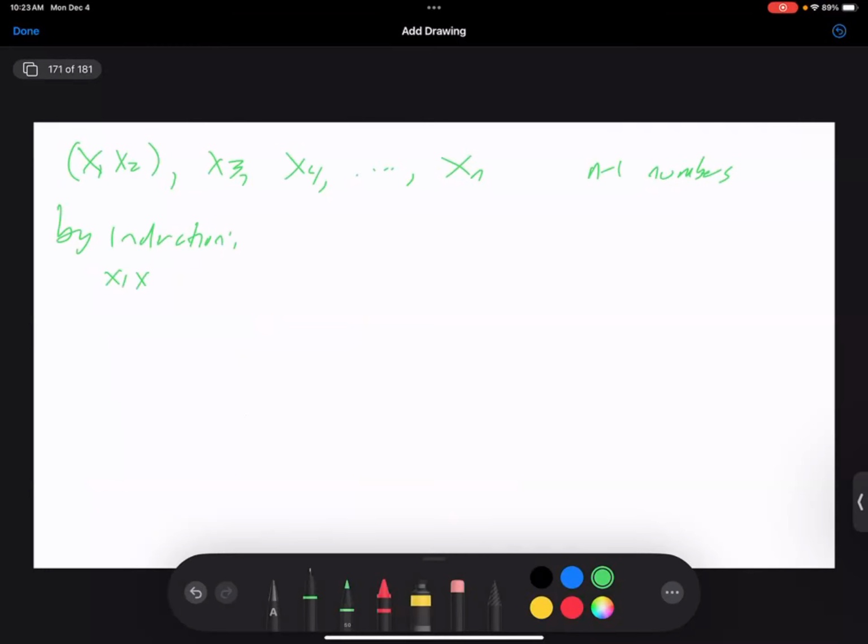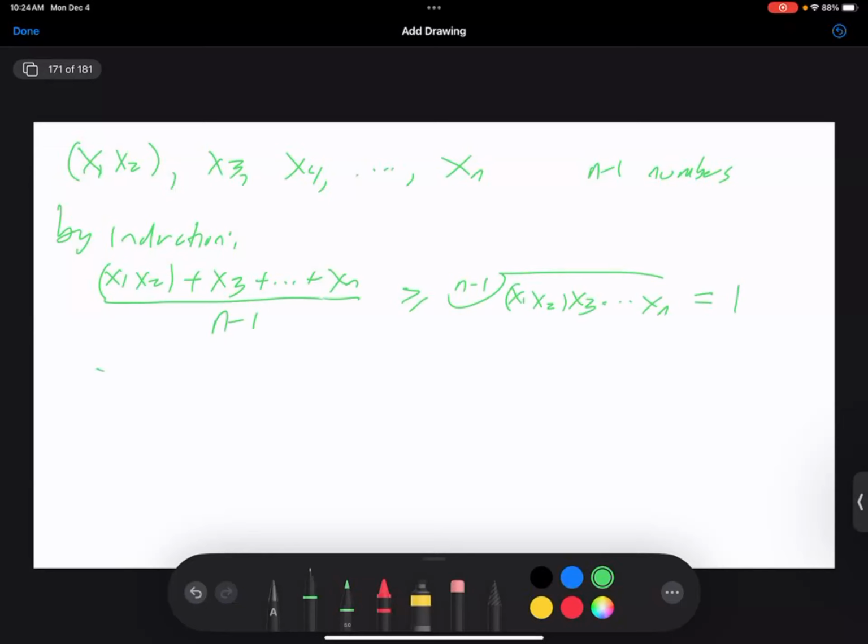We know (x1 x2 + x3 + ... + xn) divided by something is greater than or equal to the n minus first root of x1 x2 x3 ... xn. So what do I divide by? I divide by n minus 1. And what is the right-hand side equal? Still 1. Just because I multiply x1 and x2 together first doesn't mean I change the product.